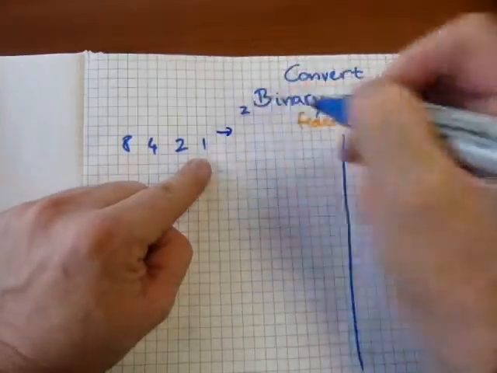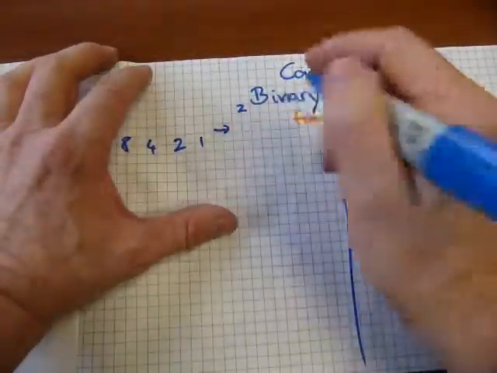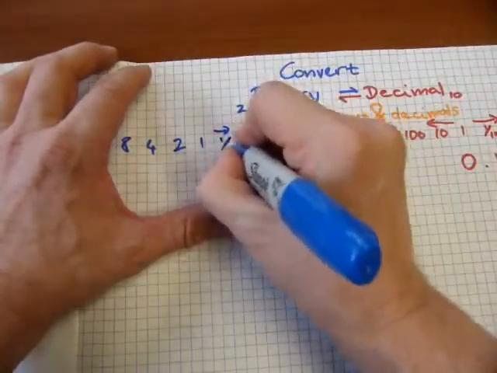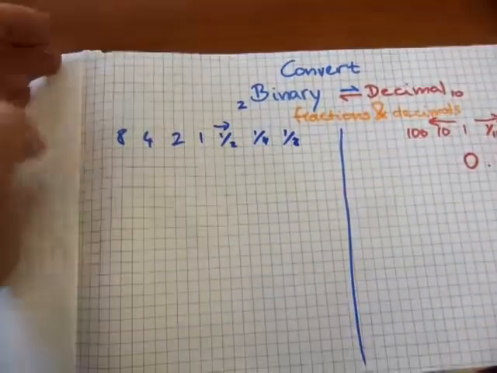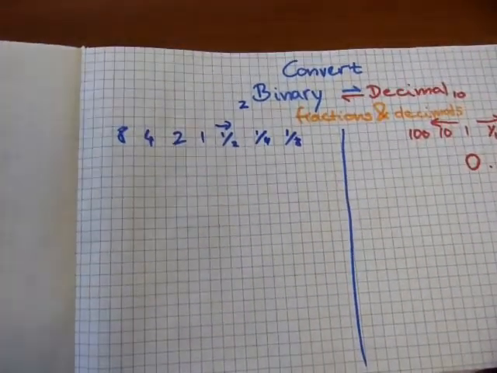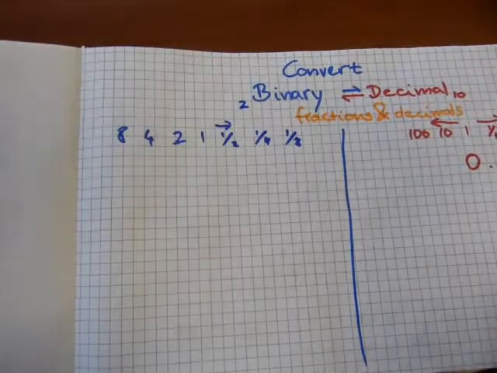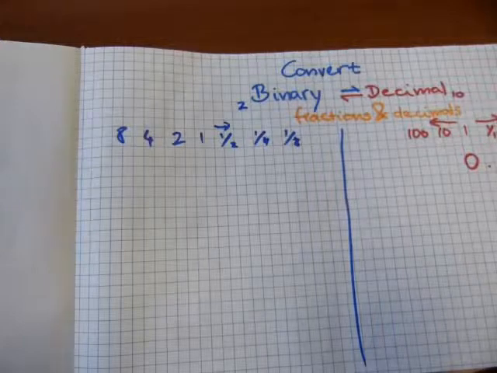And if you want to make smaller place value columns going that way, you divide by that number. So you have your halves, quarters, and eighths. And then you have your 16ths, 32nds, and 64ths. If these numbers look like the numbers on a tape measure, it is by no coincidence.